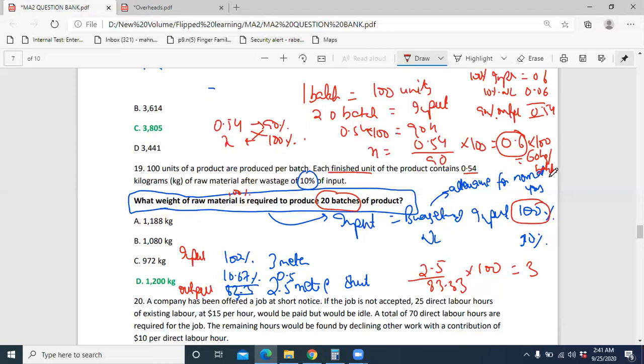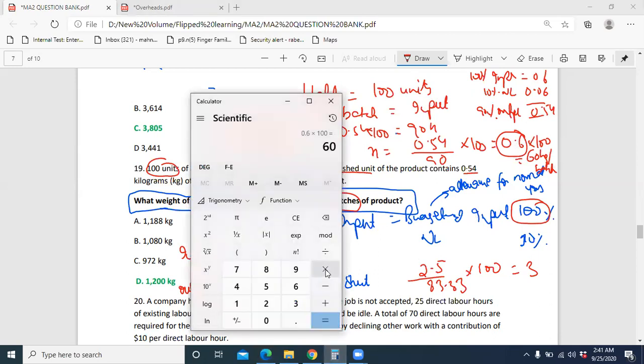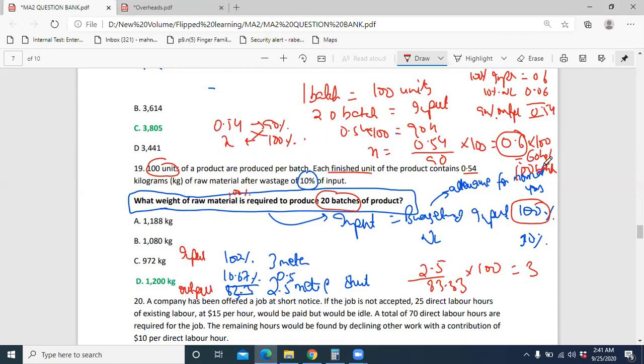In one batch containing 100 units, so in 20 batches, what is going to be the total quantity? 60 kg in one batch, 60 kg per 100 units, right? Yeah, exactly. 60 kg is required per batch.